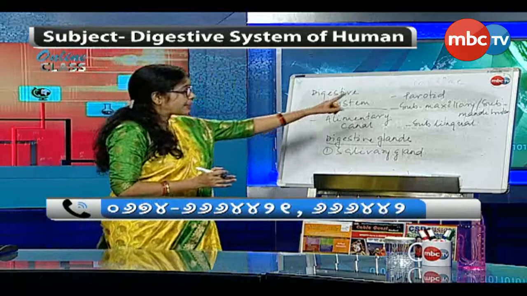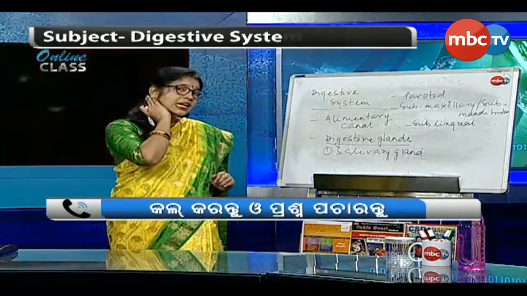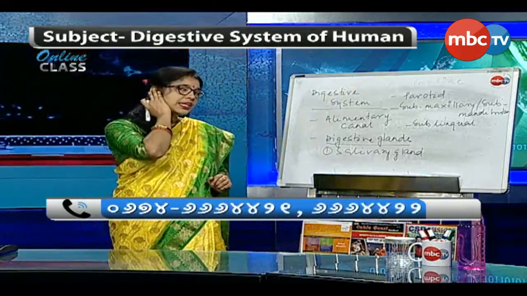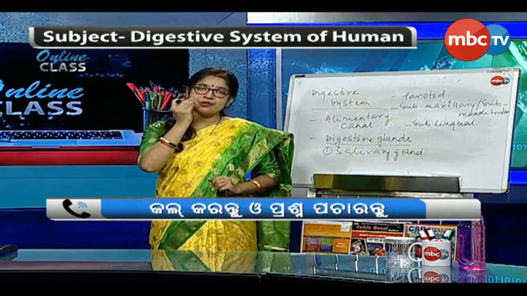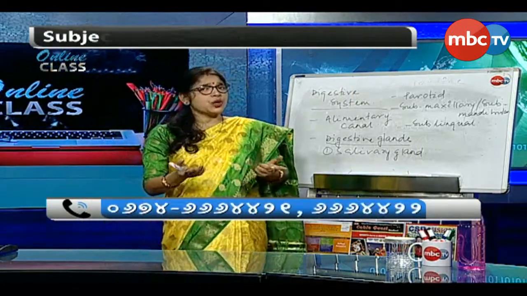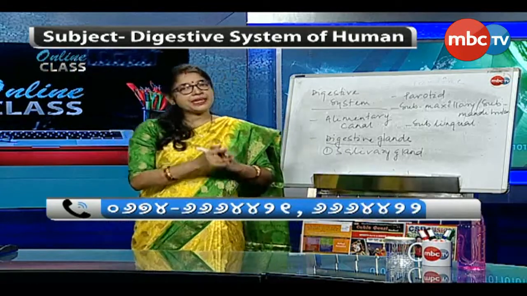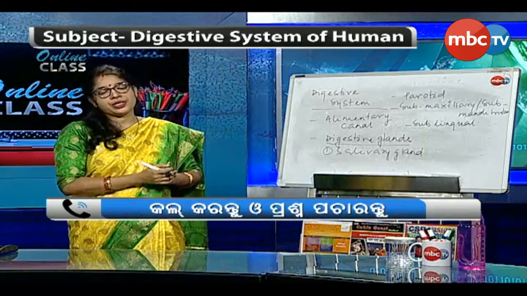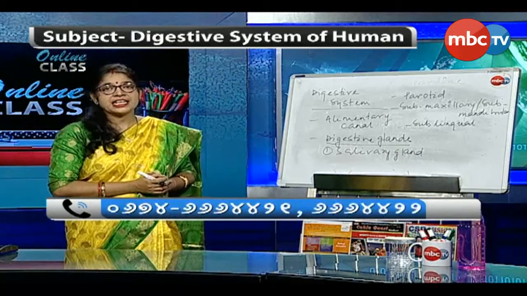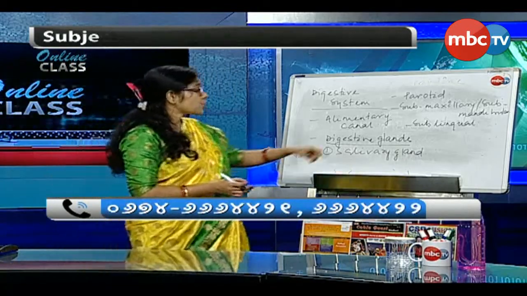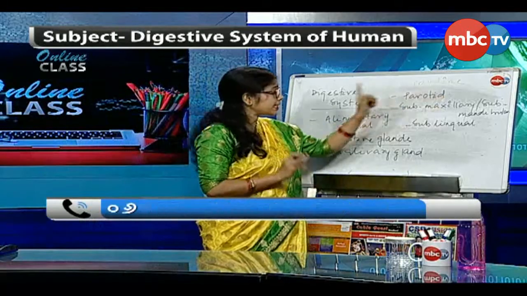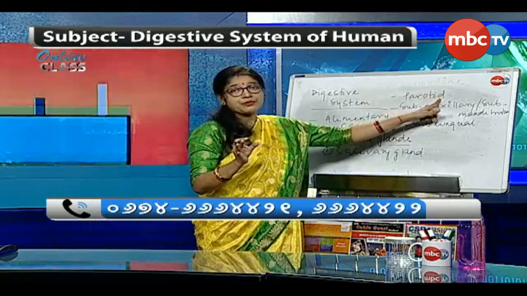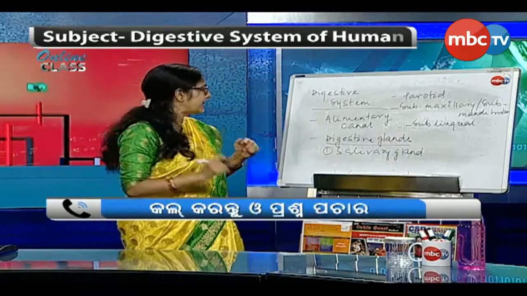In case of parotid salivary gland, as it is present below the ear pinna near the cheek region, but it is secreted within the buccal cavity, how will it be carried? It will be carried through a particular duct, and that duct is known as Stenson's duct. Stenson's duct is responsible to carry the secretions secreted from the parotid salivary gland.